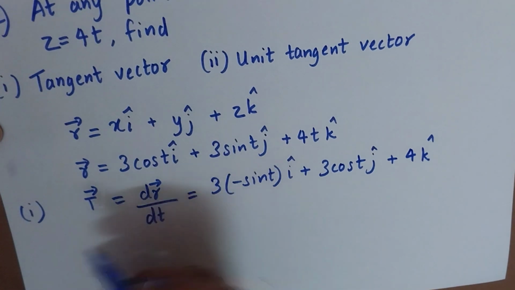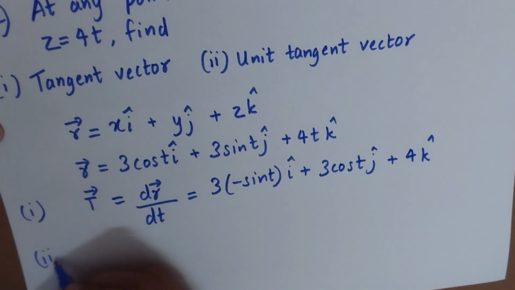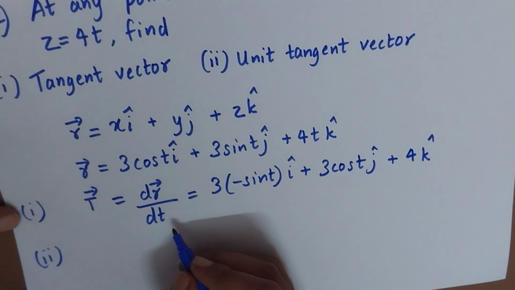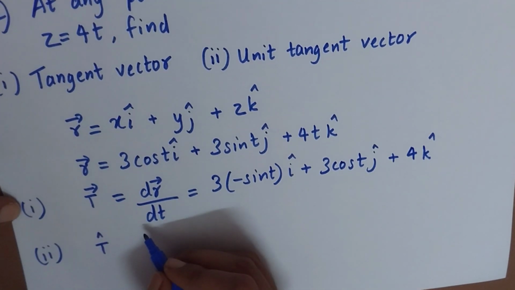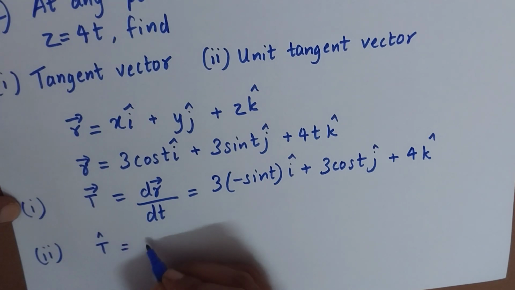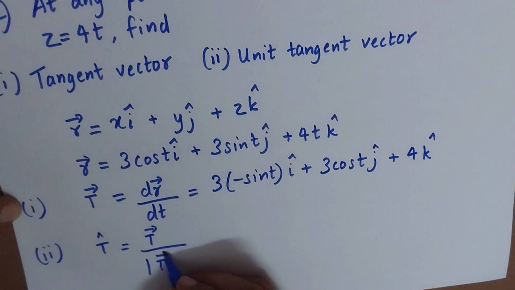Next we have to find the unit tangent vector. To find it, we have to find its magnitude, because the unit tangent vector, let it be t cap, is equal to the t vector by its magnitude.